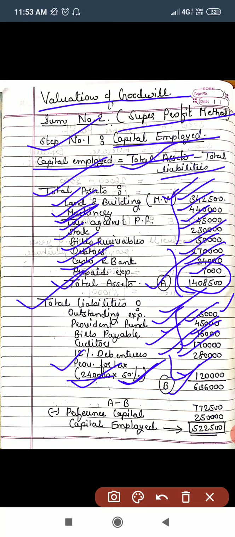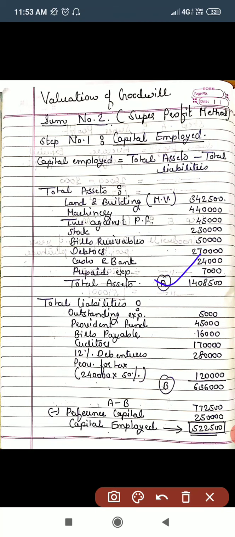Now we have A with us, 14,80,500, that is our total assets. Total liabilities we have B, that is 6,36,000.